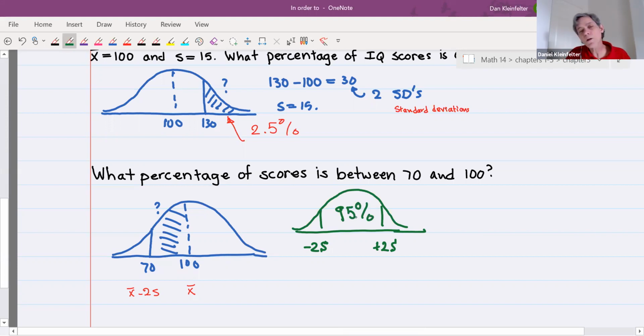Here we're looking just in the lower part of that. So instead of going from 70 to 130, which would be 2 standard deviations above and below, we're going below only. So that'll be half of 95%, and then that's 47.5%.